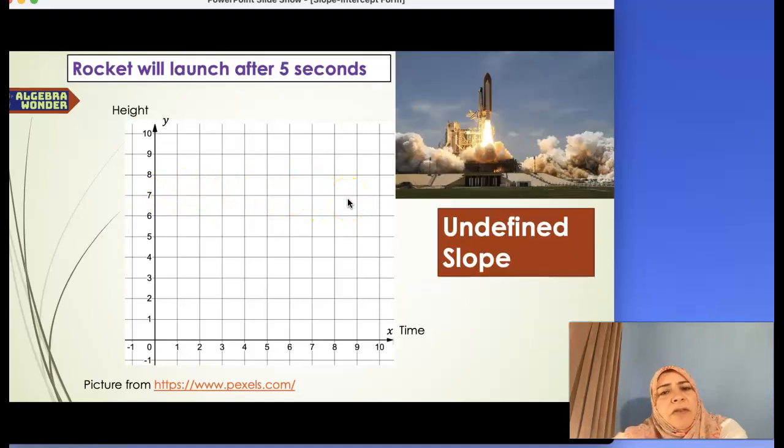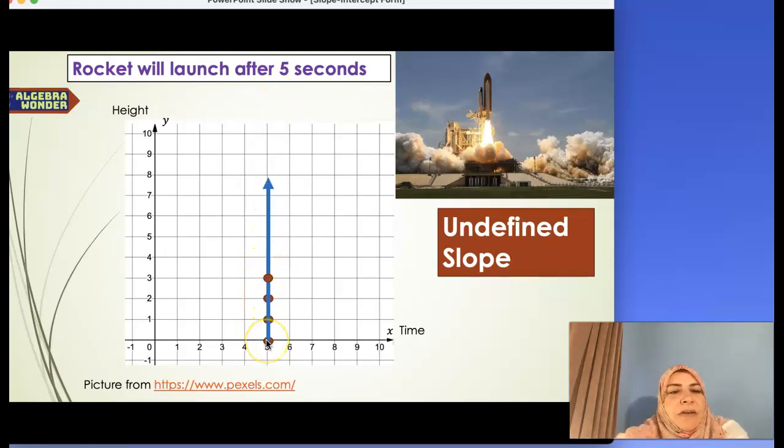Let's see an example of undefined slope. So a rocket will launch after 5 seconds. This is the time in seconds, and this is the height. It's going to go up suddenly, very strong.